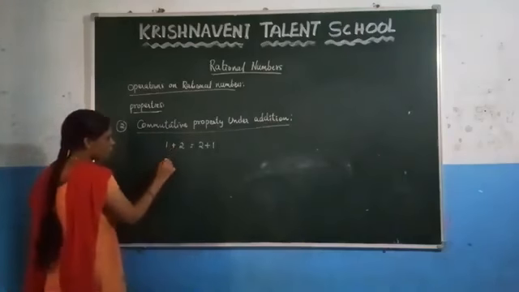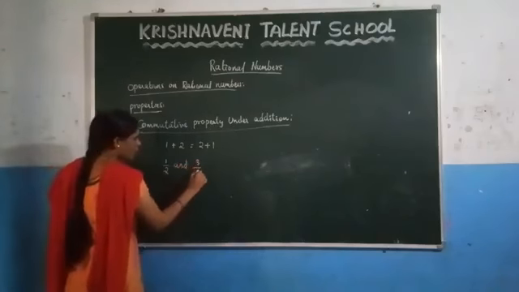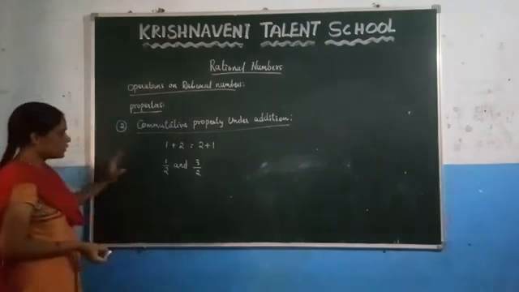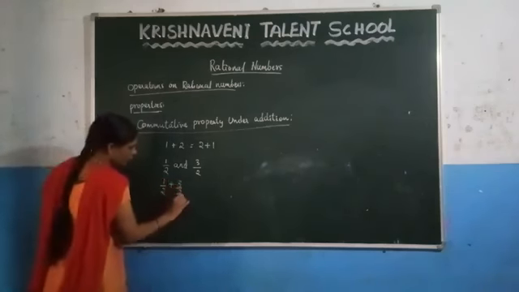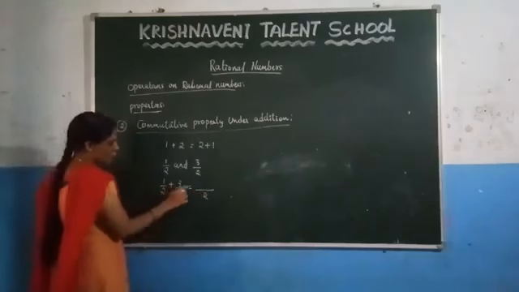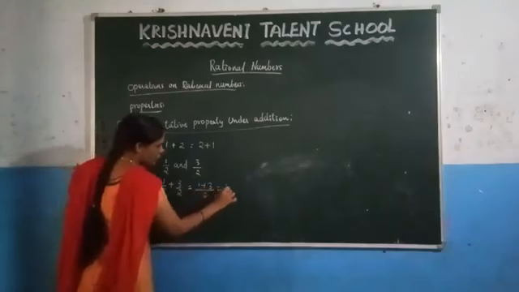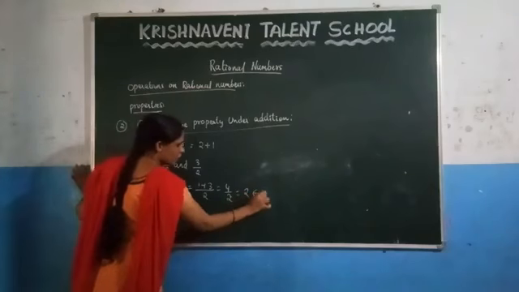Let us consider two rational numbers, 1 by 2 and 3 by 2. Now if you add these rational numbers, 1 by 2 plus 3 by 2, the denominator is 2 and you will get 1 plus 3, which is 4 by 2, which is 2. You know that it is a rational number.